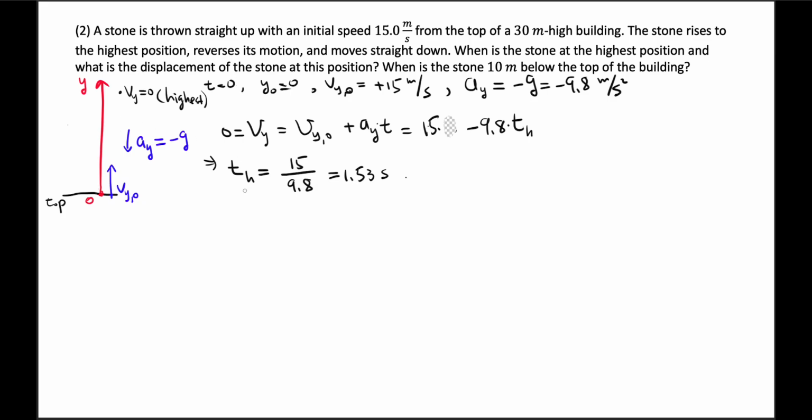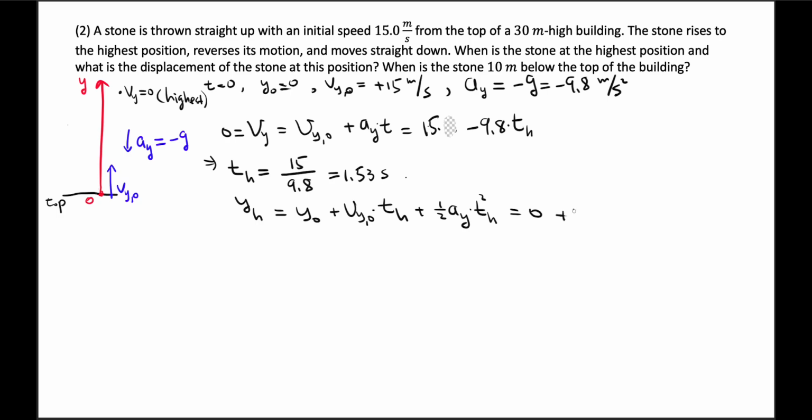Okay. Now, what is the displacement? So now I can calculate the highest position y equals the initial position plus the initial velocity's contribution plus the contribution from the acceleration. So we get 0 here for y0.